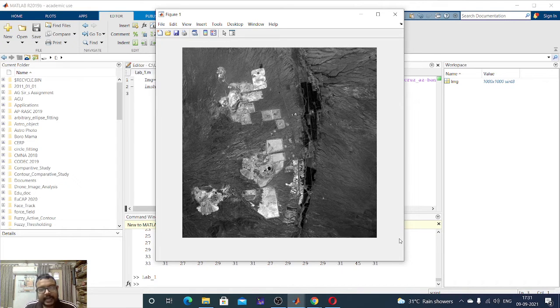But I prefer to use MATLAB, because in Python, while processing or reading the image, you have to write a lot of library files. But here you can do the same thing by writing two lines or two words only.